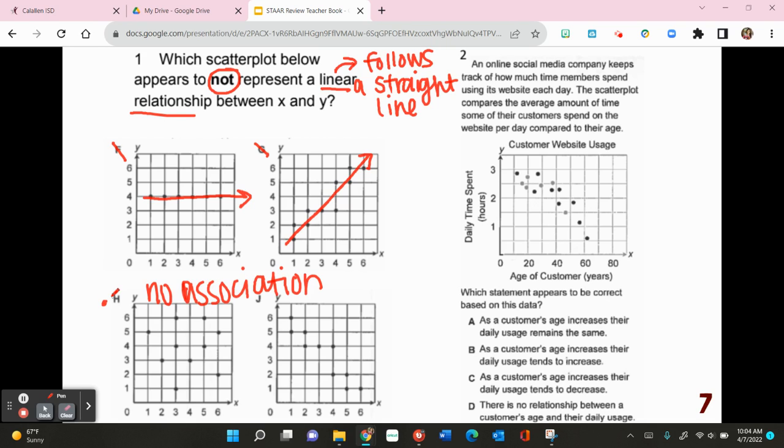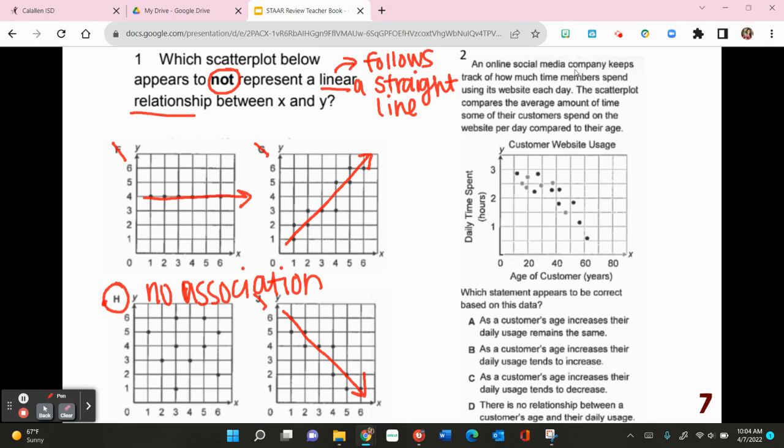So most likely H is our answer, but let's continue to check the rest. If we look at J, I see that these points follow a negative trend line, which means that this does follow a straight line, which means that this does have a linear relationship, and J is not my answer. Again, H is our answer because it has no linear relationship.